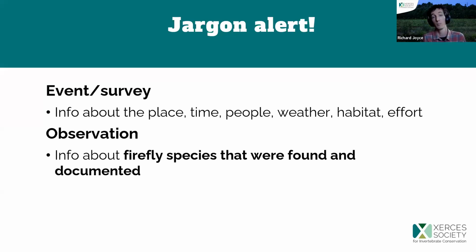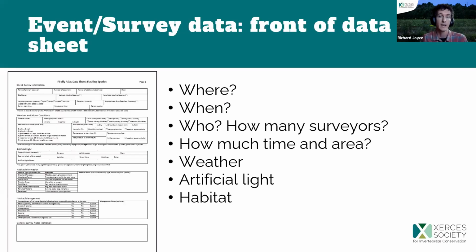One observation for the purposes of the Firefly Atlas is basically finding one species at one place at one time. If you look at the Firefly Atlas data sheets, which are available as PDFs on the website, you'll see that the front half of the data sheet is all event information.